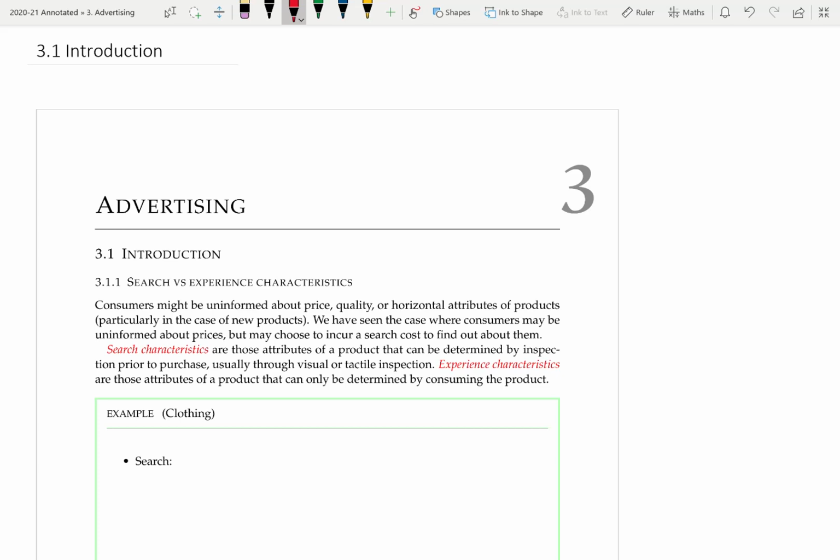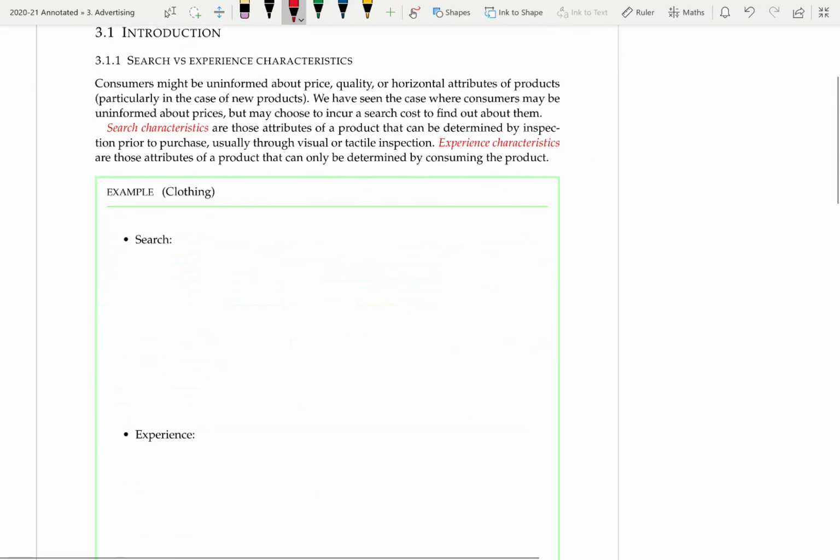On the other hand, experience characteristics are those attributes of a product that you can only determine after you've purchased the product and you're consuming it. It may take some time to learn these things about the product. So the main distinction here is search characteristics you can find out prior to purchase. Experience characteristics you can only find out after you've purchased the product and used it for some time.